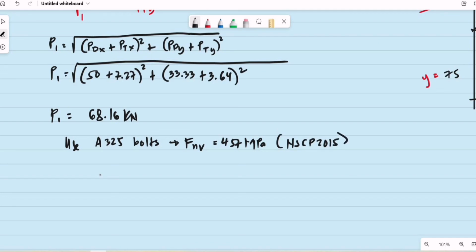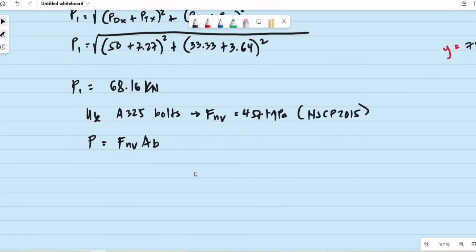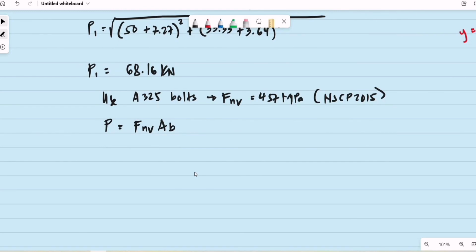So the shear capacity is equal to F sub NB multiplied by the area of the bolt. Per bolt, the actual shear of our critical bolt is equal to 68.16 kilonewtons, multiplying by 1,000 to be in newtons.